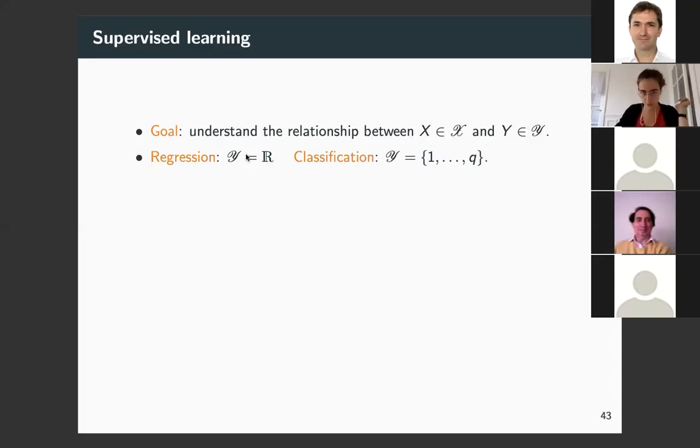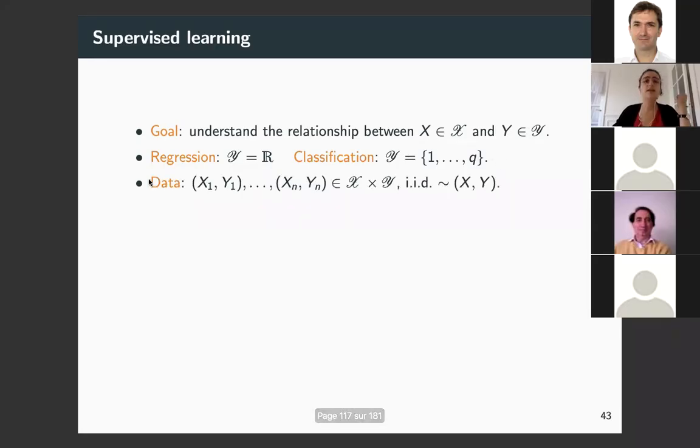So in regression, for example, Y is just a real number. In classification, it is more a label. And I observe some data, (X1, Y1) up to (Xn, Yn), which is IID with the same distribution as (X, Y). Basically, what I will do is try to build a function f_theta so that f_theta of X is close to Y. And theta is a vector which I will have to find.